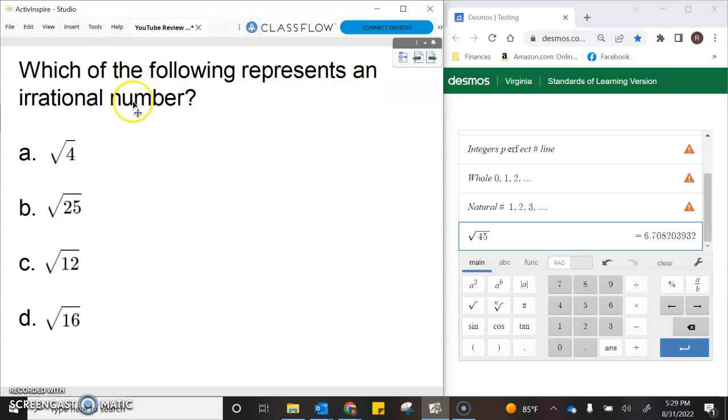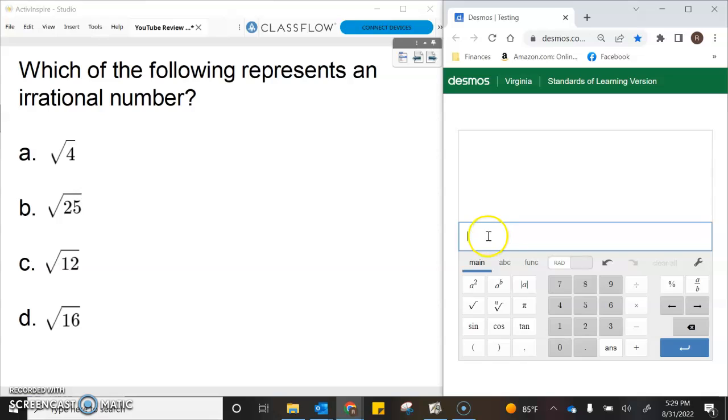Which of the following represents an irrational number? Well, the best way to do this is to put every single one in the calculator and see what happens. So square root of 4 is 2. That's definitely not chaotic, so that is not irrational. Square root of 25 is 5. That's not irrational.